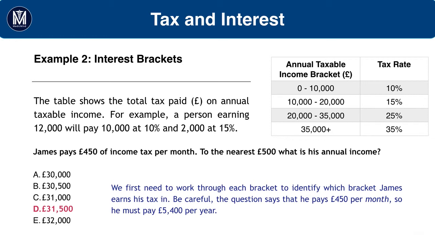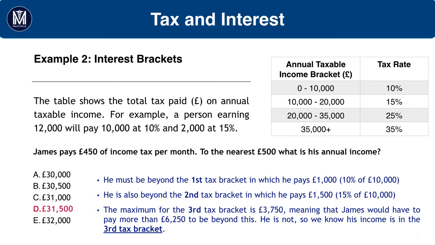And be very careful here, because the question says per month, but all of the data talks about tax per year. So therefore, you want to convert this into tax per year. So multiply 450 by 12 to get his income tax of £5,400 per year.